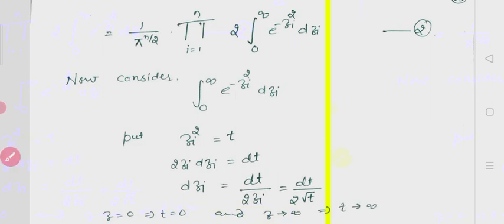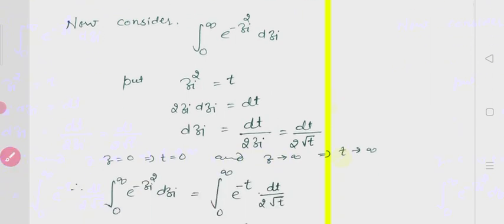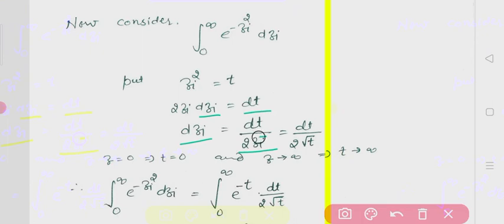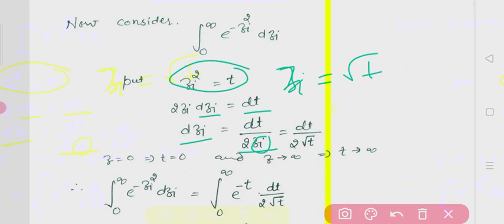So what I do here, I substitute zi square equal to t. If I take the derivative on both sides, it will be 2 zi into dzi equal to dt, and the value of dzi will be equal to dt by 2 zi. And zi, if you take its root, you will get zi equal to root of t, right?